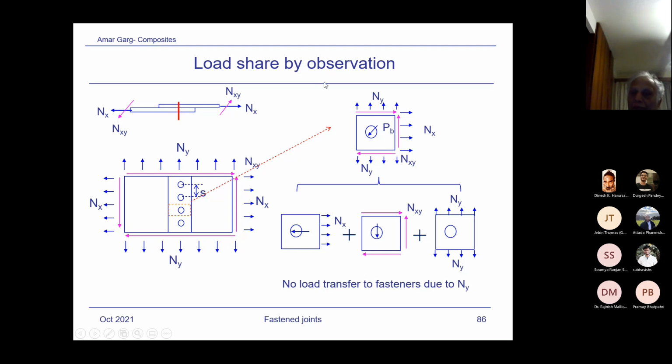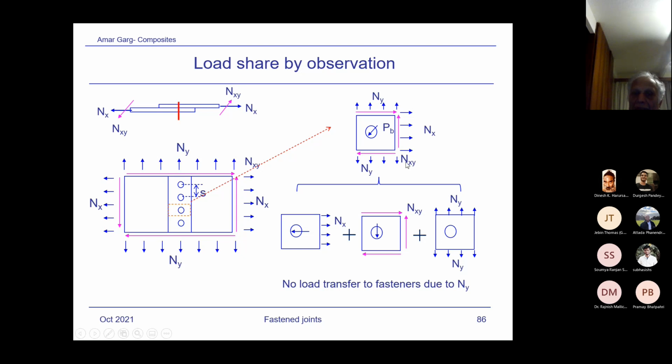We are just bypassing this load NY for simplicity. So that means there's a shear NXY because that shear is here. So that shear has to be there, and this NX load. And from where the NX comes, NX has to be reacted by the fastener to satisfy the equilibrium.